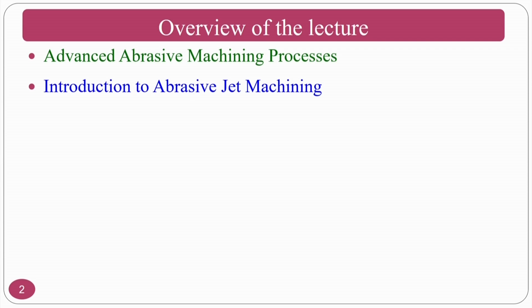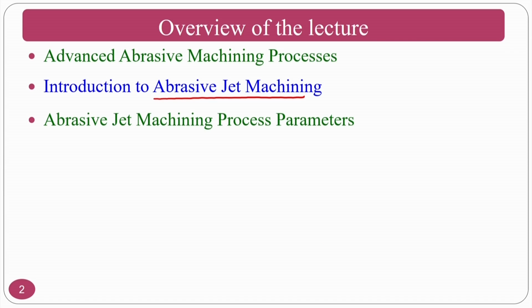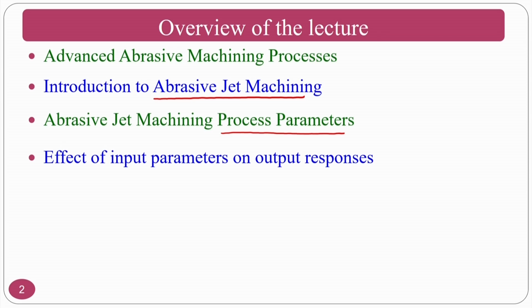Introduction to abrasive jet machining. We move on to one of the processes called abrasive jet machining, and we will see the jet machining process parameters, the input parameters and output responses, and how each input parameter plays a vital role on the output responses.